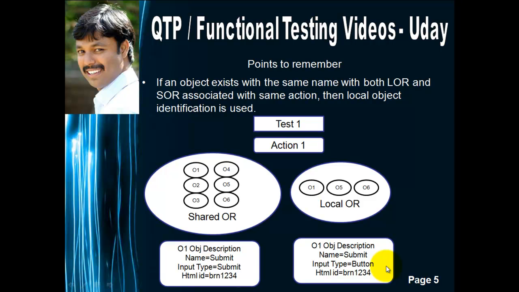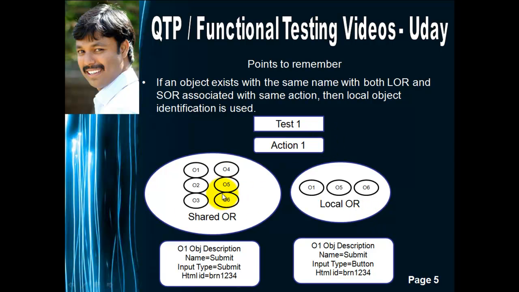If there is a situation like this, where the name, hierarchy and everything is the same but they have different descriptions, which description does it have to choose? That is the point. At that time, QTP will go for the local object repository description.